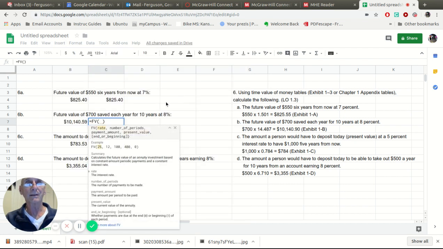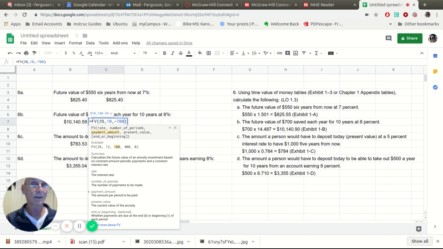In this case, the rate, 8%. So I'm going to type in 8%, comma. Number of periods, now that's 8% per year. Number of periods is 10 years, comma. Payment amount. What I'm doing is I'm putting aside $700 every year, minus $700, because it's coming out of my pocket.